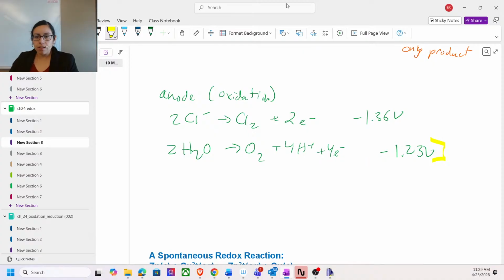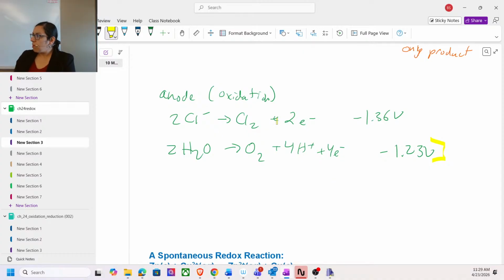So even though we expect this from our reduction potentials, there's a little bit more to it, which, honestly, I myself don't fully understand, but it has to do with the amount of ions in solution as well. We'll look at some equations in chapter 25 that might help us, but it's also dependent on concentration and probably a little bit of Le Chatelier's principle.